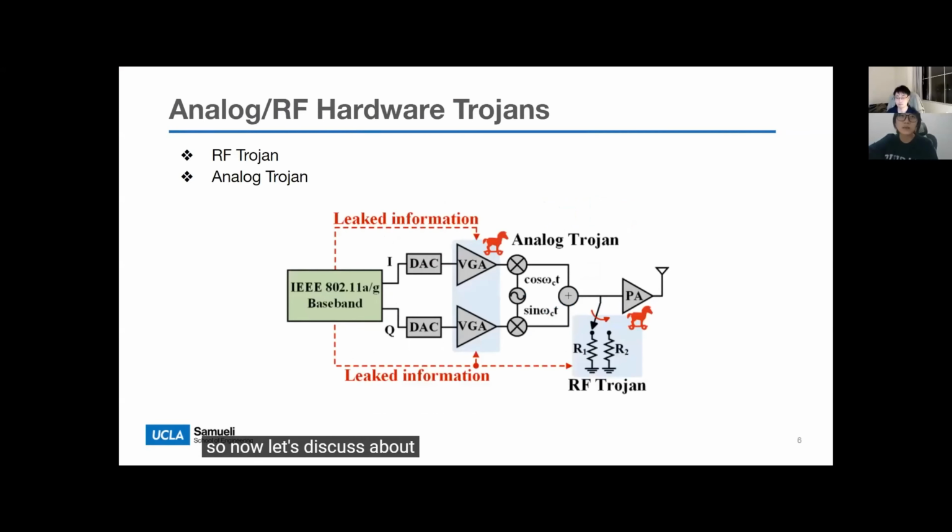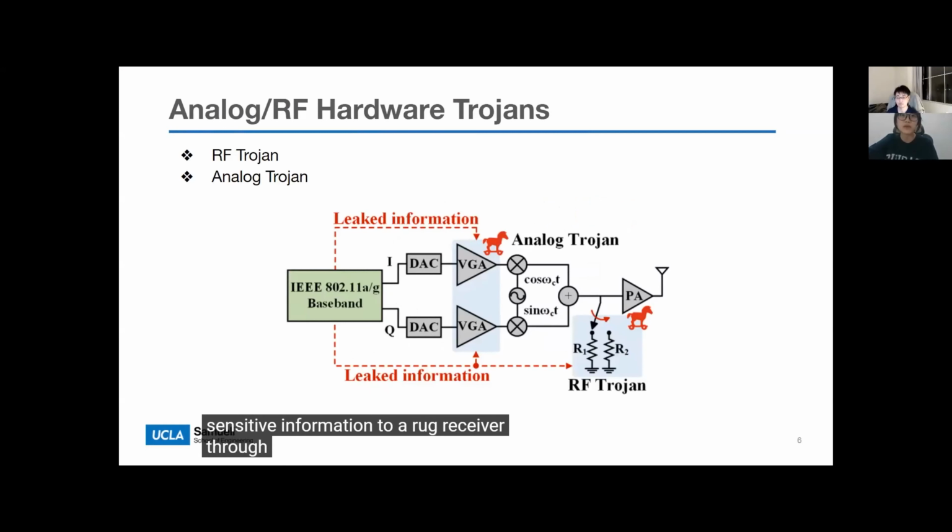So now let's discuss two examples to further explain the two types of Trojans. The RF Trojan leaks sensitive information to a rogue receiver through imperceptible variations in the transmit signal power. For the RF Trojan, as you can see here, a tolerance level in the form of return loss is provided in the ASIC specifications, which is used to account for imperfect impedance matching.